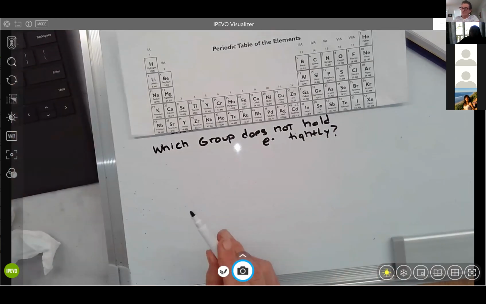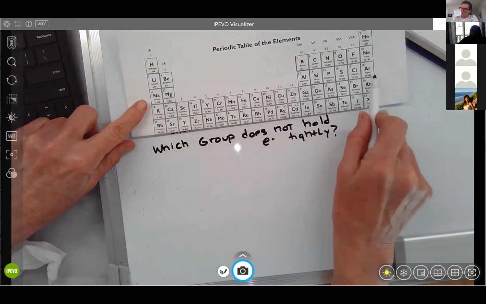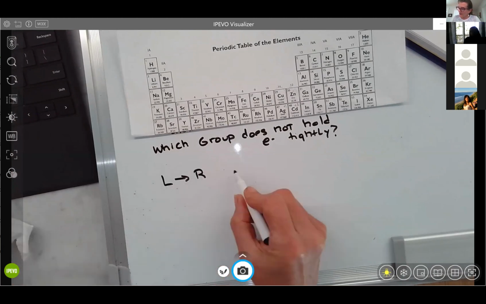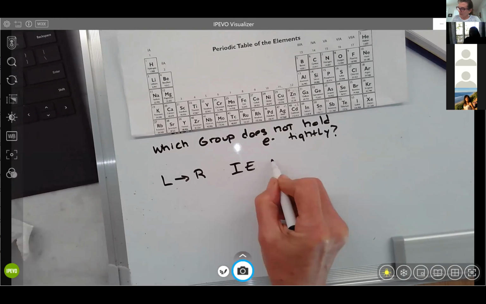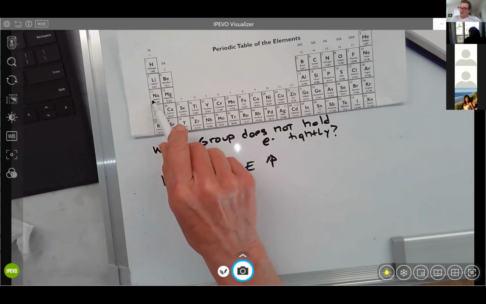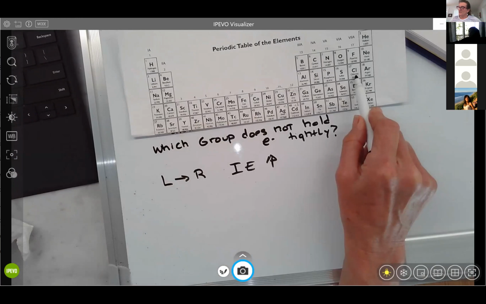So, as you go from left to right on the periodic table, the ionization energy increases. So the ionization energy for sodium is less than the ionization energy for chlorine.